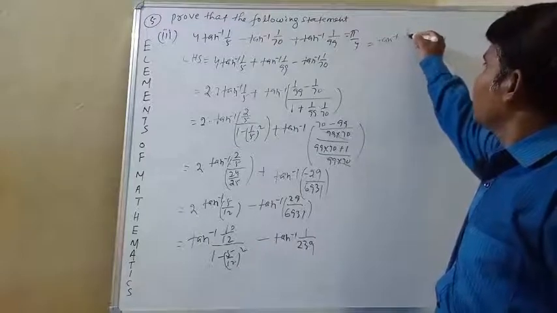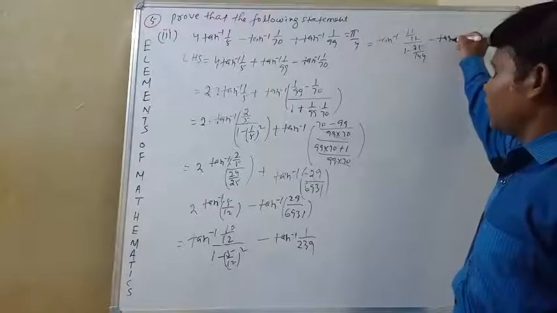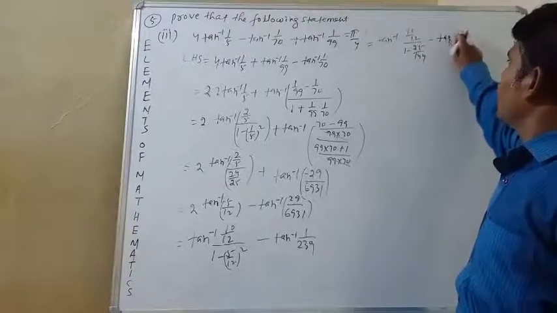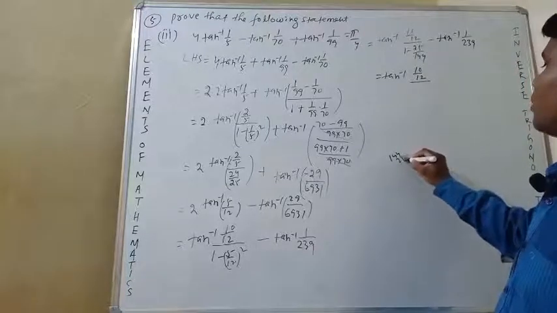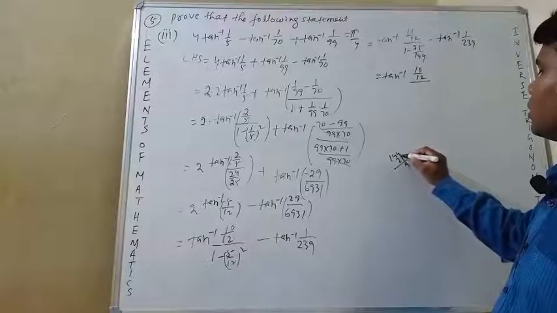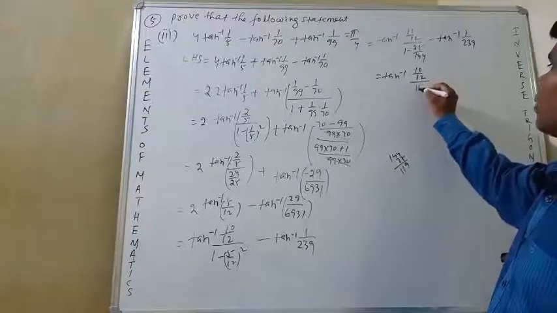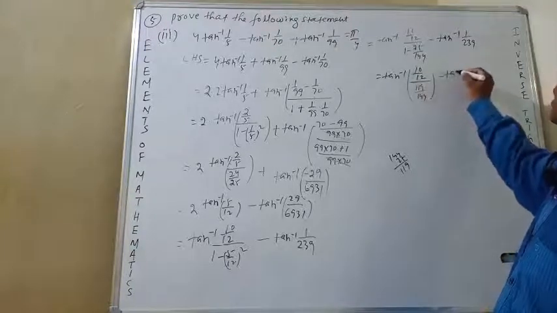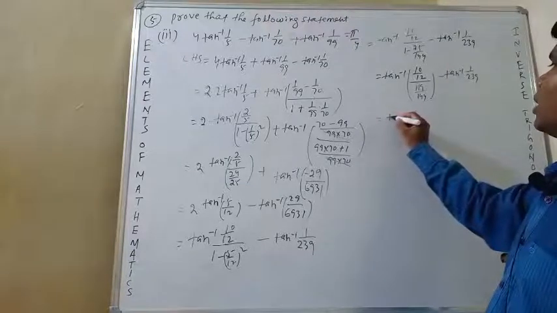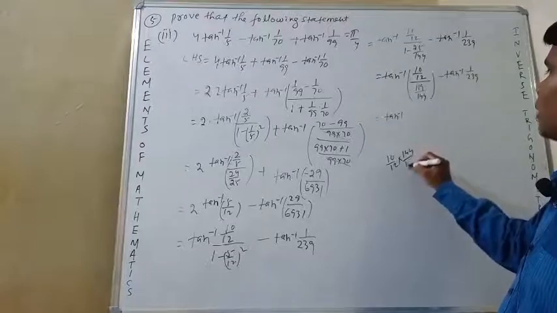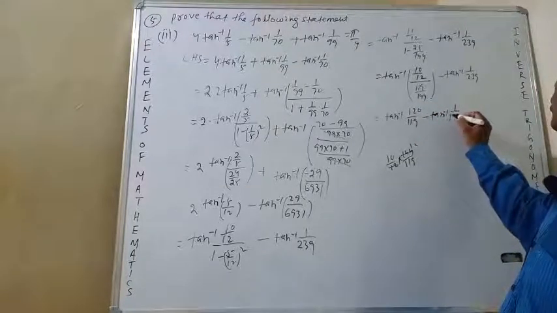Tan inverse 10 by 12 divided by 1 minus 25 by 144, minus tan inverse 1 by 239, is equal to tan inverse 10 by 12 divided by 144 minus 25 by 144, that is 119 by 144, minus tan inverse 1 by 239, is equal to tan inverse 10 by 12 into 144 by 119, that is 120 by 119, minus tan inverse 1 by 239.